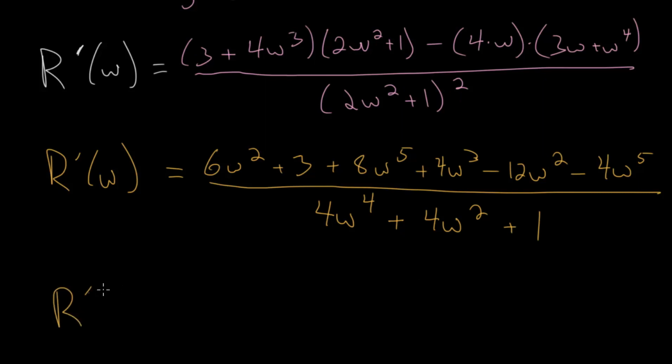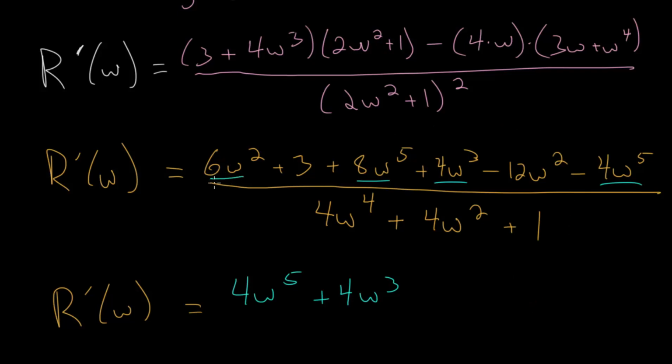Let's combine like terms just so that everything is a little bit neater. We have our 5th power terms, 8w to the 5th minus 4w to the 5th. That is just 4w to the 5th. Then we have no 4th power terms. We have 1 cubic term, so plus 4w cubed.